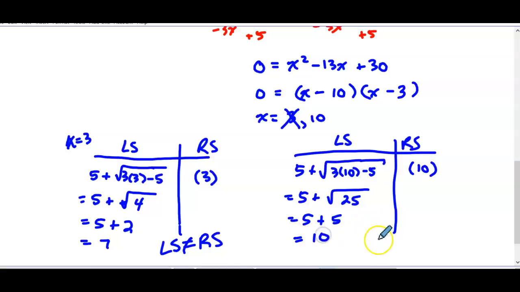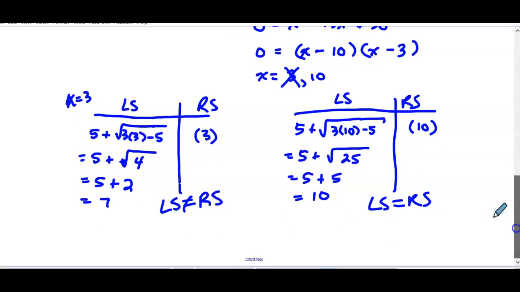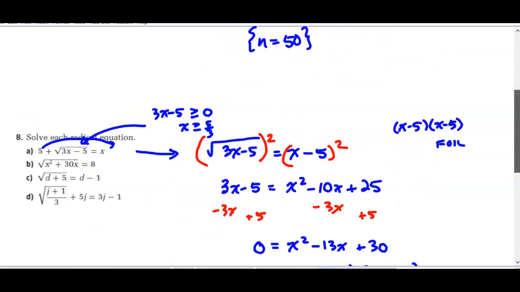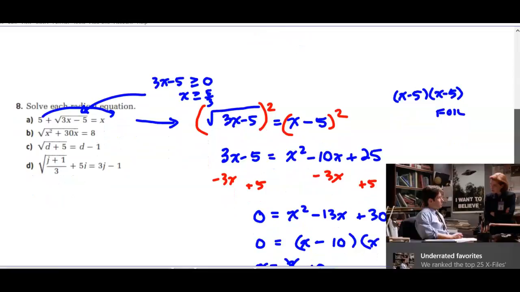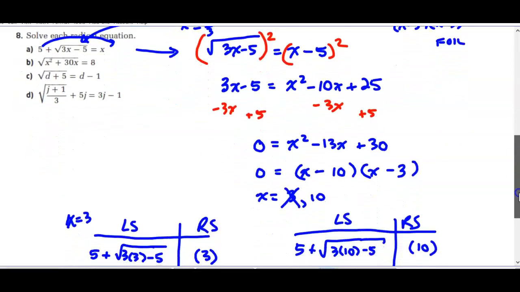So this does work. So left side equals right side. So now we only have one solution, x equals 10. So even though both of those satisfied this initial condition, it's basically because of the other x, it causes there to be restrictions on that.